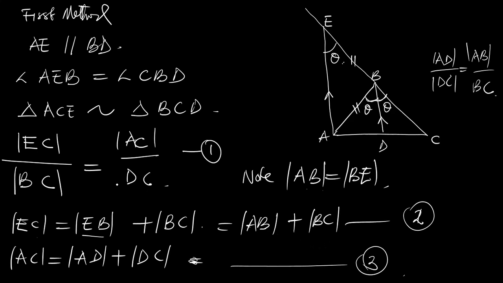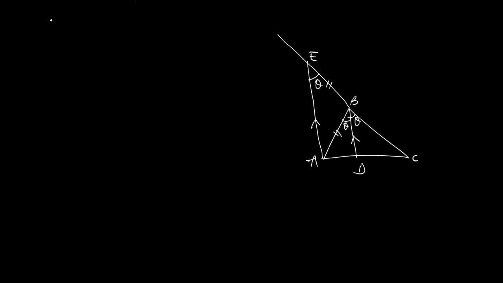Now, we will use equation 2 and 3. So we have gotten this. So now let me write down the ratio again. Ratio EC all over BC is equal to, if you look, EC from this bigger triangle, which is similar to this other smaller triangle, BC, then AC all over DC.